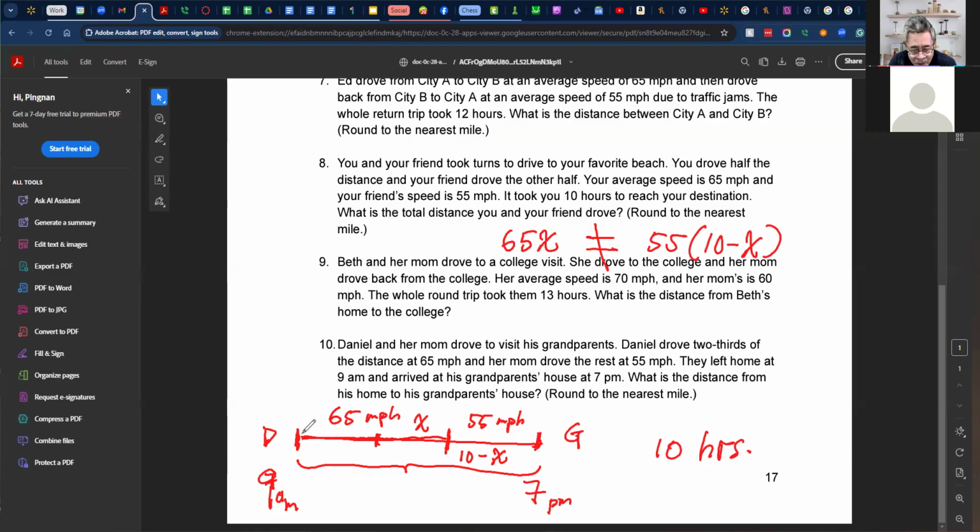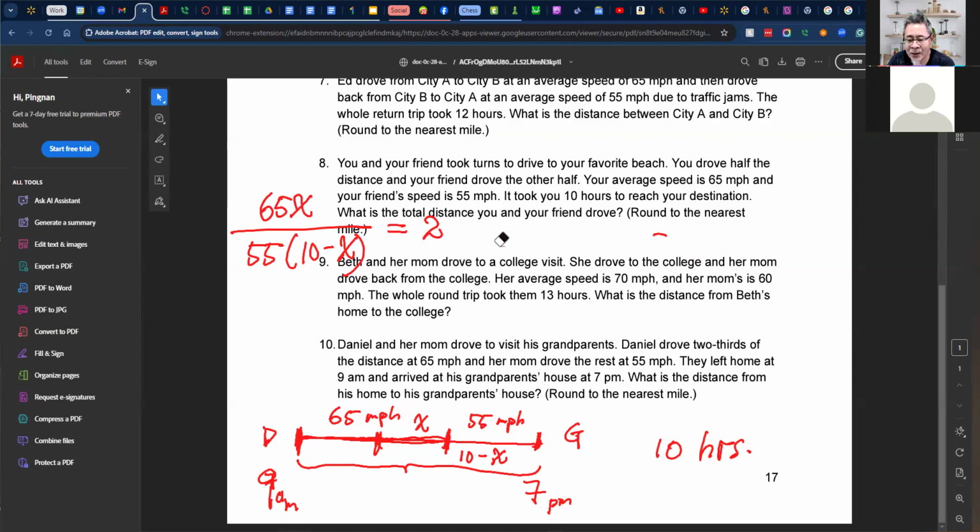But 2/3 is twice 1/3. So therefore, if we do 65X over 55 times (10 minus X), that should give us 2. Are we good on this one? How they set up?